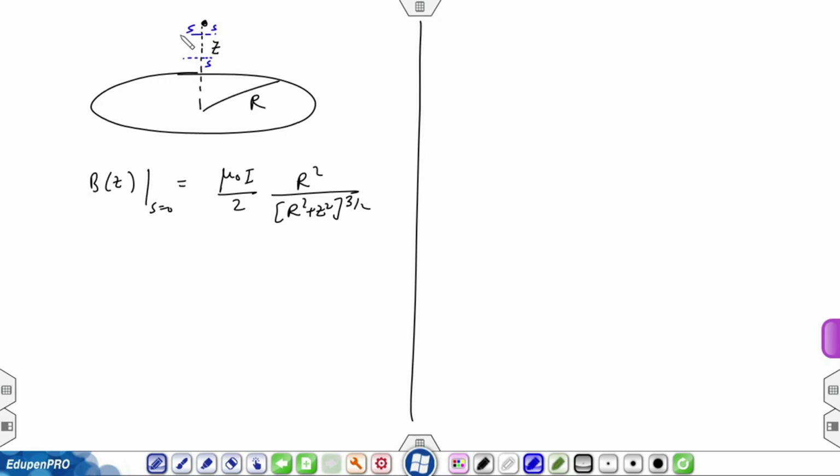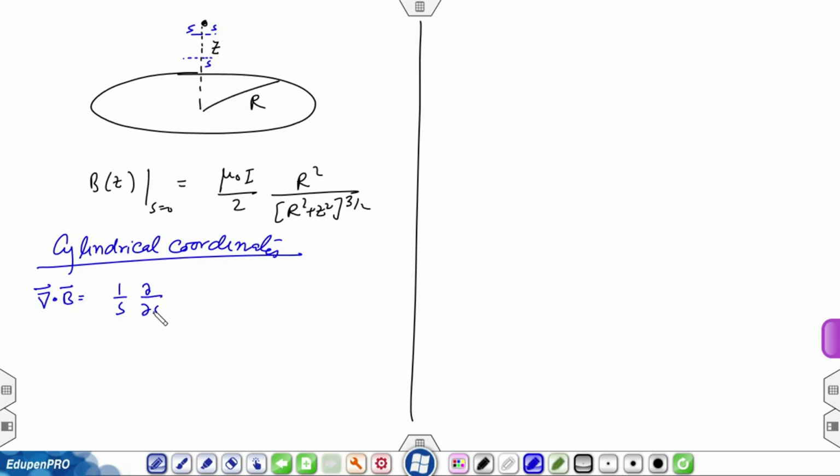For this, we can use the geometric constraints on B, and we are going to use cylindrical coordinates, because that symmetry is there. In cylindrical coordinates, divergence of B is given as 1 over s d by ds of s Bs plus dBz by dz, plus there is a phi term which is 0 because there is no B phi.